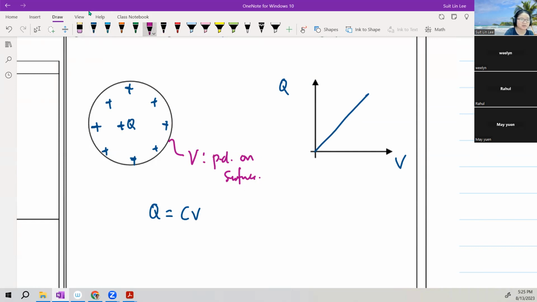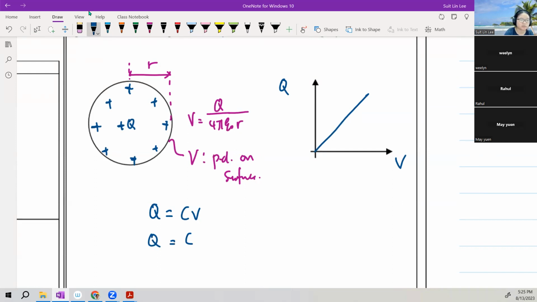But at the same time, V, the potential difference on the surface, is equal to Q over 4 pi epsilon naught R. So I can actually substitute this in.